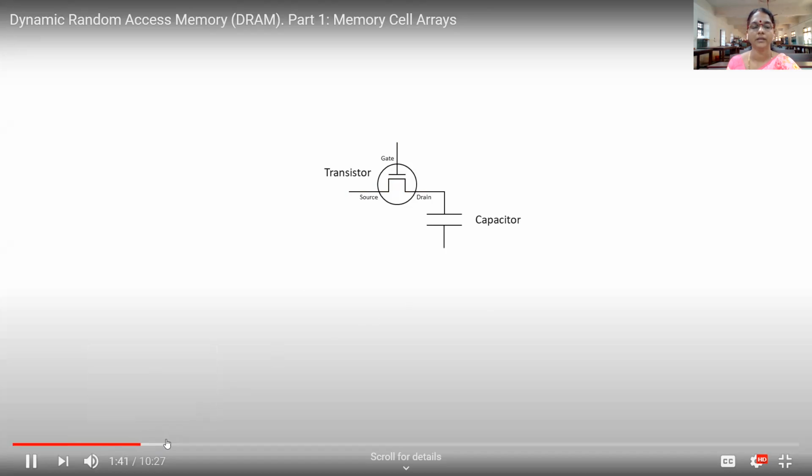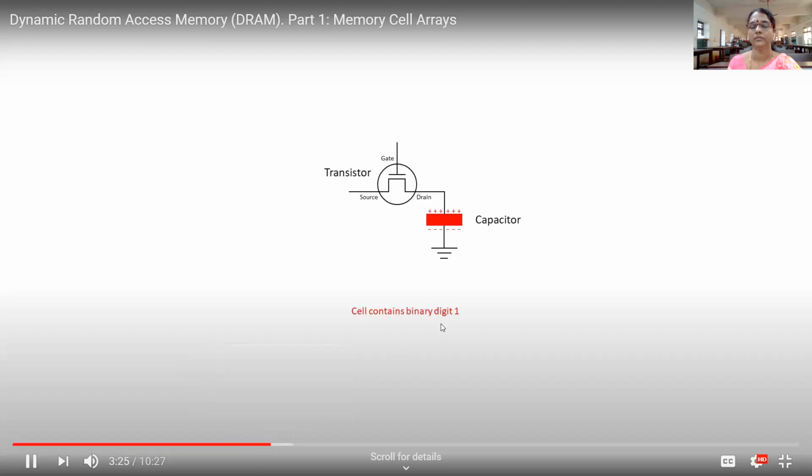It can't store as much energy as a battery. Capacitance is a measure of how much charge it can hold. Now the source and gate are connected. Current can flow through the transistor and the capacitor is charged up. It only takes a few nanoseconds, that's a few billionths of a second, for a memory cell capacitor to reach full charge, and the transistor is referred to as the pass transistor.